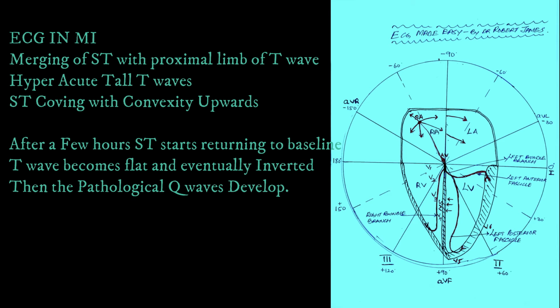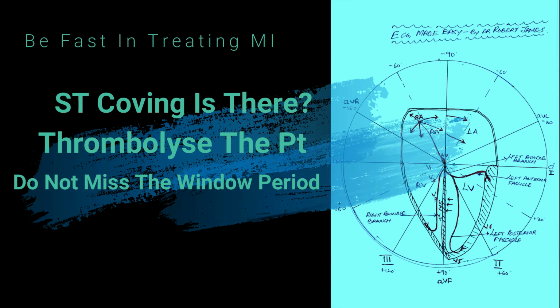Sometimes I have seen people, they will just say TROP-T is negative, mild coving is there. No, you have to treat the patient, you have to give thrombolysis, because the same patient's ECG after 1 hour will show coving has subsided, it has come down, T has inverted, and then after few more hours the Q wave develops. So by that time we have lost that precious window period.